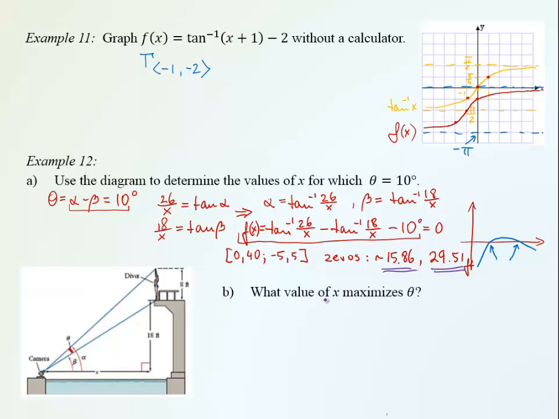Now, what value of x will maximize theta? Well, this time we're after maximizing the function that represents just angle theta, so let's call it theta of x, which is nearly the same except for this minus 10 degrees. So we'll maximize tan^-1(26/x) minus tan^-1(18/x).